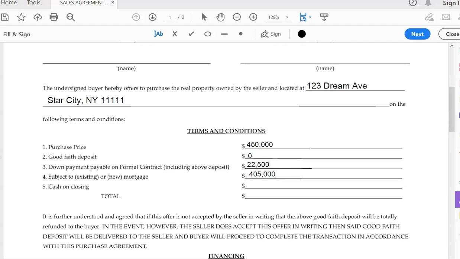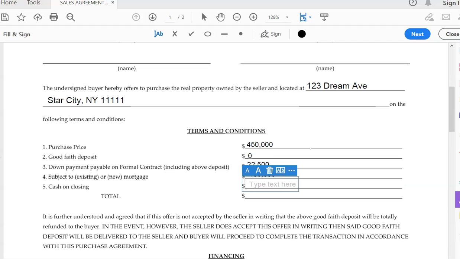Closing cost. This is asking for cash on closing. The balance of the down payment, $45,000, which is 10% of the $450,000, minus $22,500, which is half of $45,000.